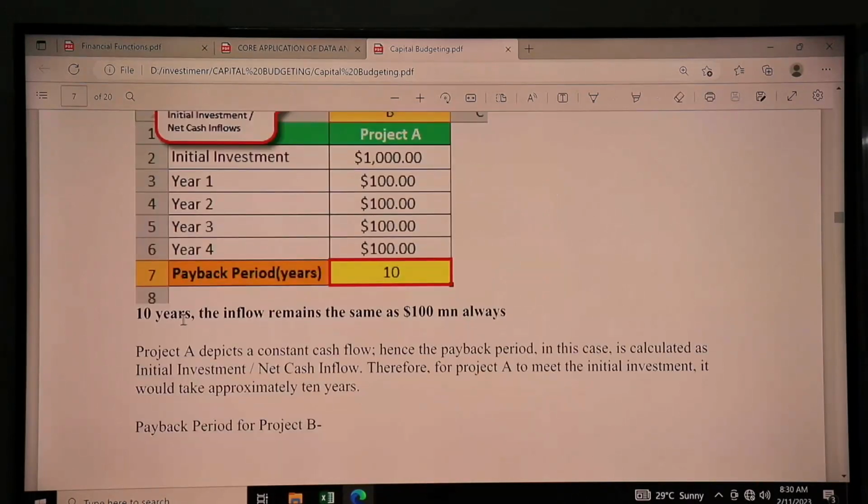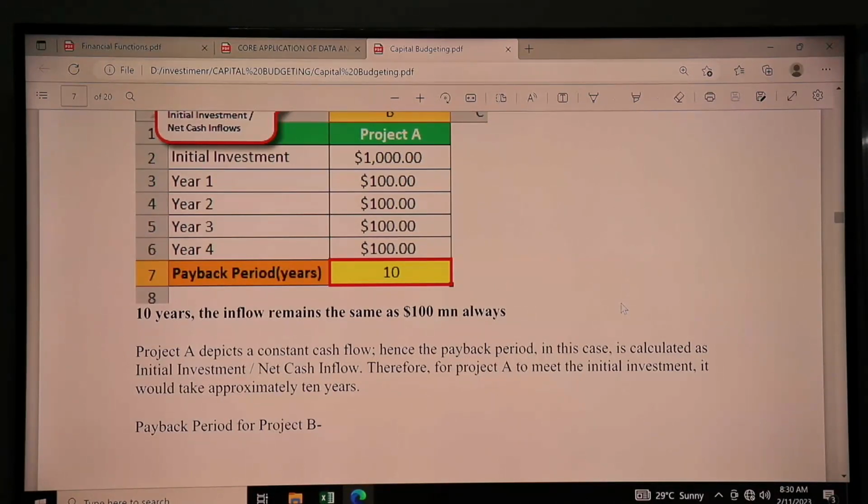Project A has constant cash flow, so the payback is calculated as the initial investment divided by the net cash flow. Therefore, project A will take approximately 10 years to meet the initial investment.